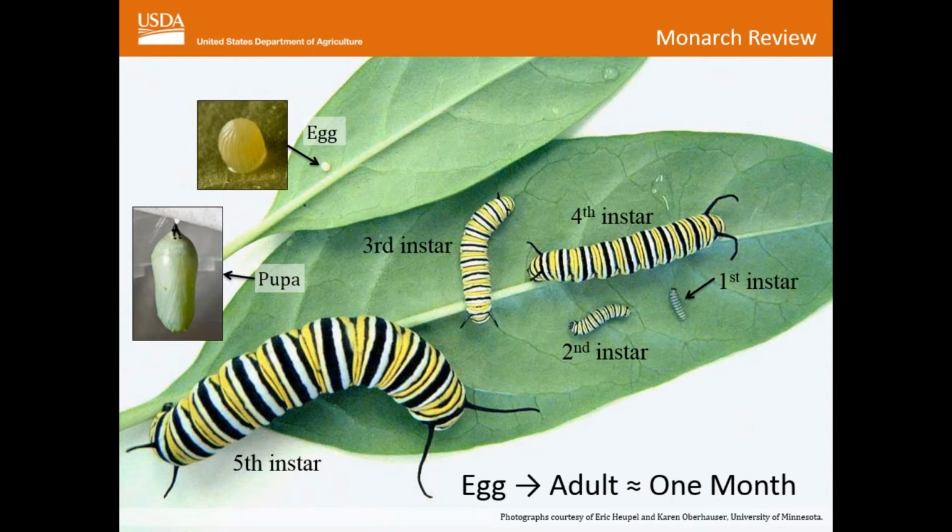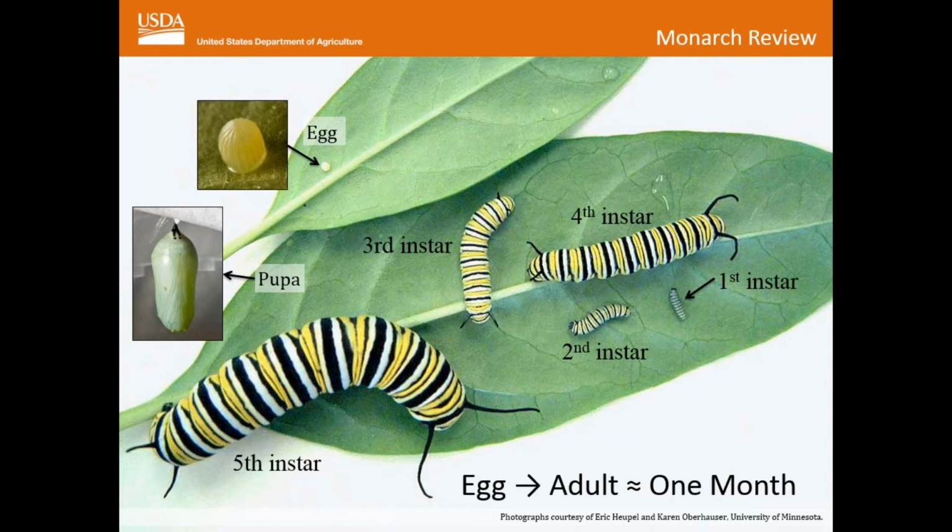So we know that common milkweed is by far the most utilized milkweed. Obviously, they will use marsh milkweed, they'll use butterfly milkweed, but since the common milkweed tends to be so much taller in stature, it's an easy target for them, and it's definitely their preferred plant.